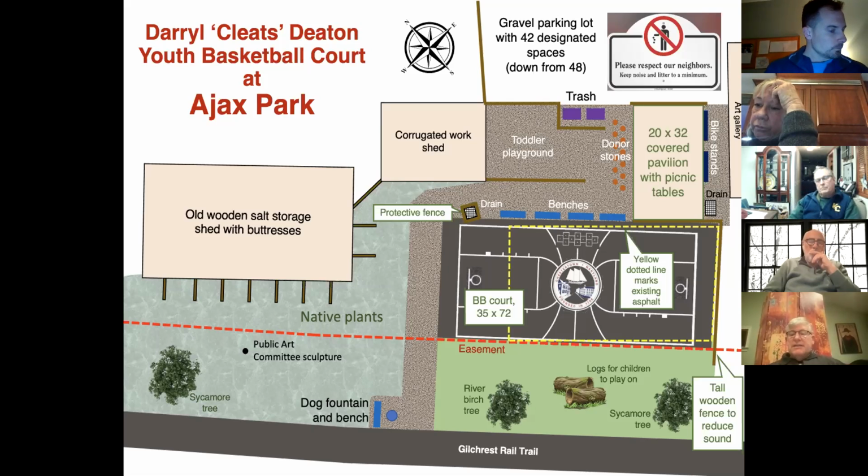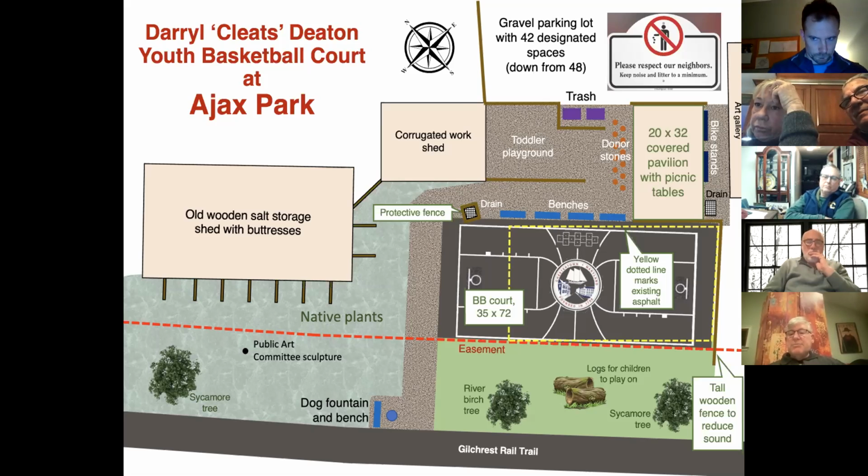Again, in reaction to last month's meeting, we made the toddler playground larger. The particular design of what to go into the toddler program is yet to be determined. We'd love input on that.